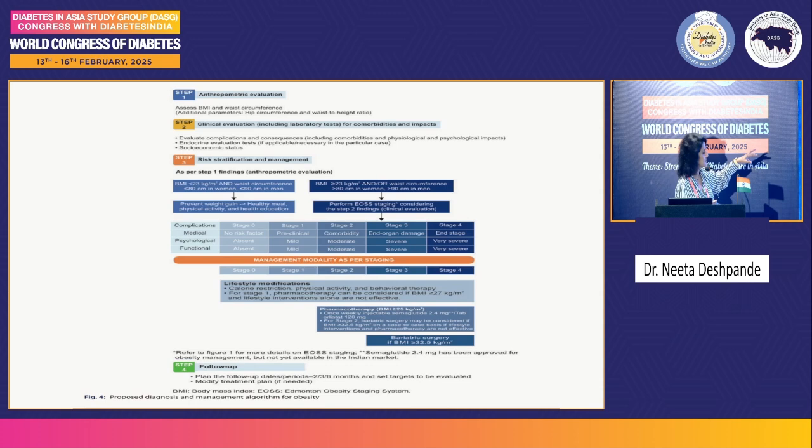And for the stratification, we have simply adopted the Edmonton obesity staging system right into it. We didn't want to reinvent the wheel, because it works really well, and you can just incorporate it into this for the assessment part. And then we have suggested an algorithm even for the management part. So you can develop your protocols the way you want them based on something like this. This is what we follow.